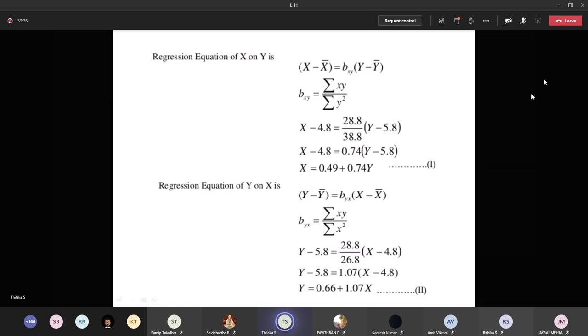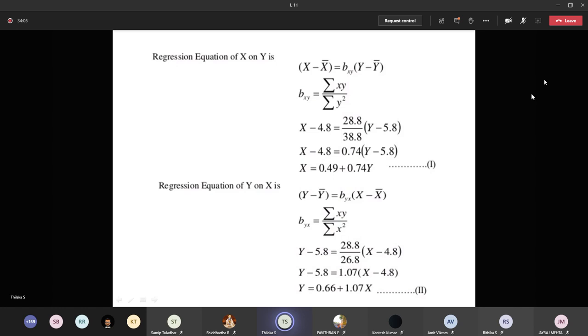So the formula to find the correlation, small r, is equal to root of sigma small x into small y divided by sigma x squared into sigma y squared. All are small x. The same procedure applies for finding small x, that's capital X minus x bar, and capital Y minus y bar.